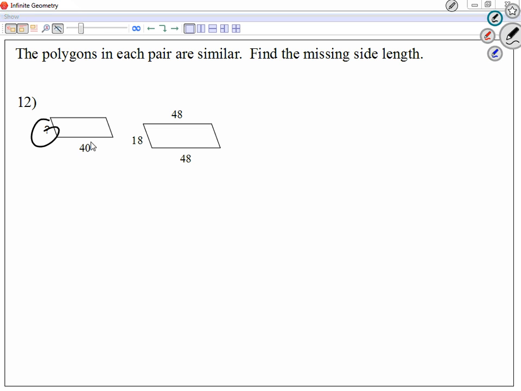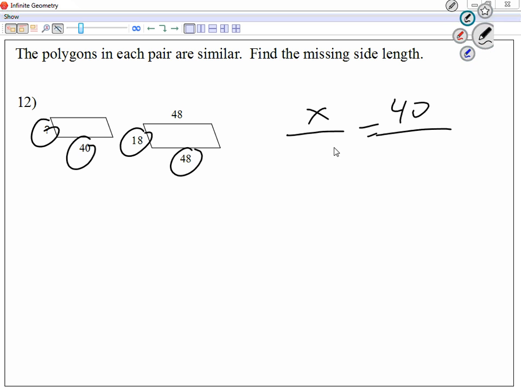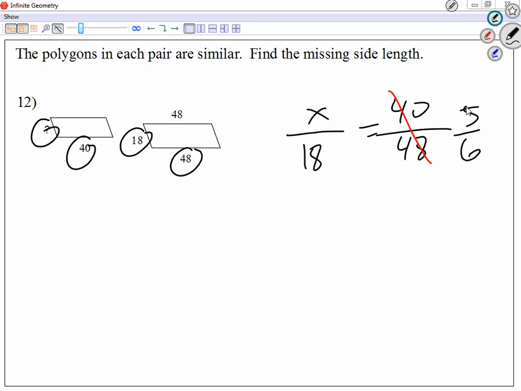My 2 numbers from here are going to be these 2 numbers. So for my fraction, I'm going to say x and 40. What are my numbers at the bottom? 18 and 48. Since I want to simplify my numbers, 40 over 48, let me divide each by 8. So 5 over 6.